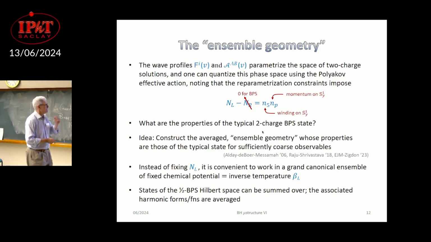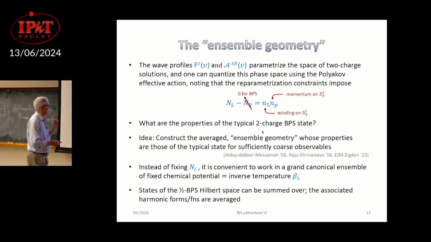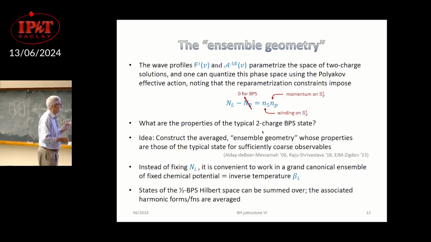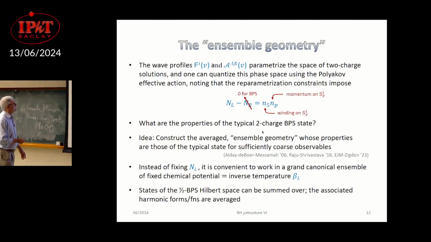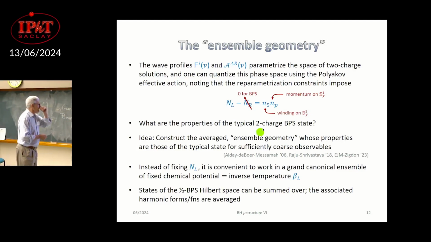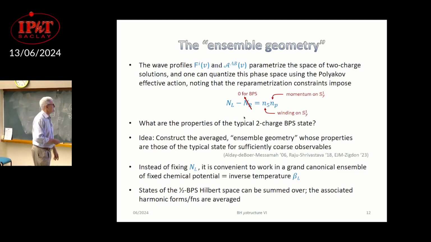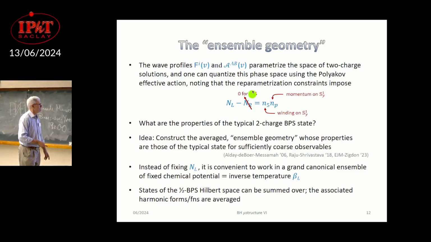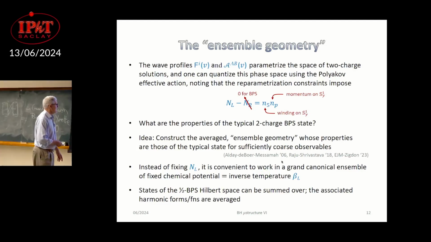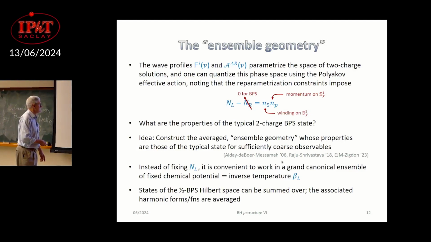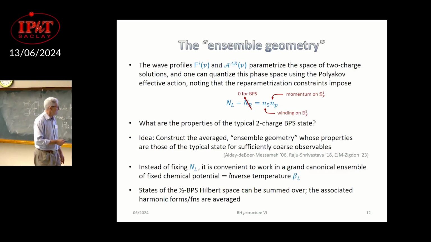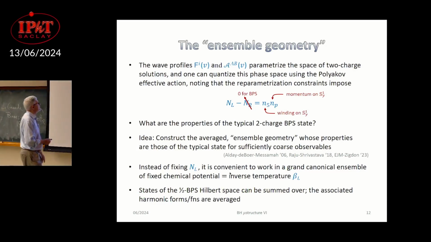But they were confused by a few things, and so I think what I'm about to tell you kind of cleans that up. So, okay, so we have this effective string, and it's convenient, instead of trying to fix the total oscillator level, to just fix some left-moving temperature for the oscillator excitations. And then, as I say, do this trace over the half BPS Hilbert space to average the harmonic functions.